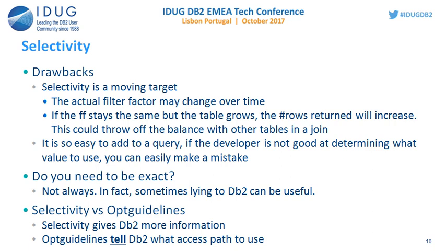well, before we get to that, I just want to say there are drawbacks to using selectivity. For one thing, it's a moving target. Over time, the actual filter factor can change. Your data distributions change. The table gets bigger, but maybe it's a filter factor on open orders, and maybe your daily volume has stayed the same.